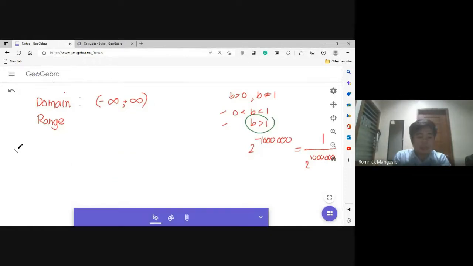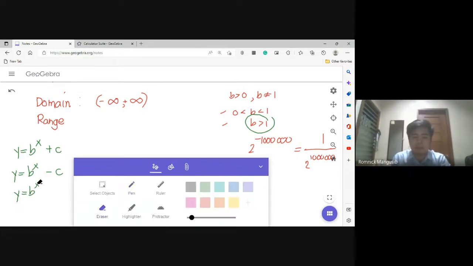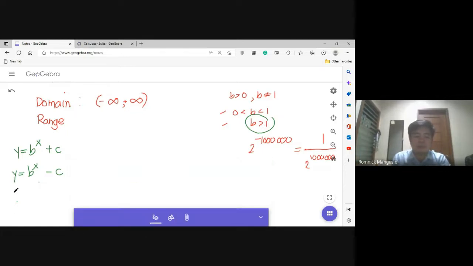So, kapag ang y or exponential function is b raised to x plus c, y is equal to b raised to x minus c, b raised to x. Y is equal to negative b raised to x plus c. Y also is negative b raised to x minus c.